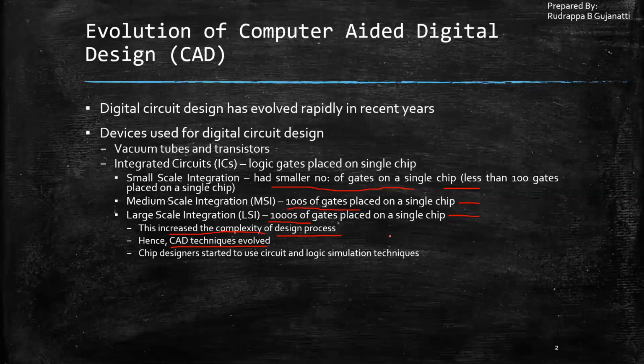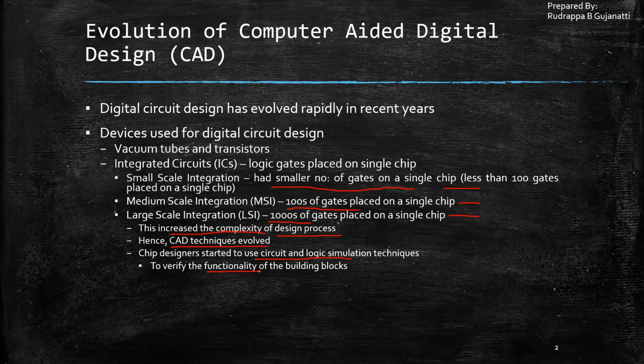Next, the chip designers also started to simulate the circuit and the logic. For this also, we had some simulation tools available. These simulation tools, which were used to simulate the circuit and its logical implementation, were basically used to test the functionality.